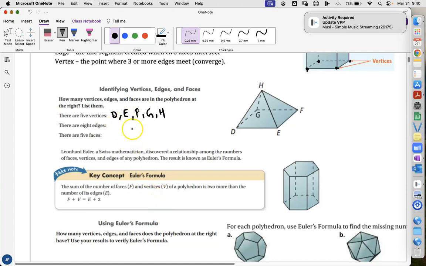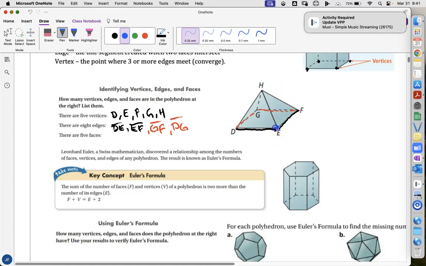And the edges would be DE, that edge right there. We're going to go all the way around, so we'd have EF. We would have this one in the back, GF. We have this one here, DG.